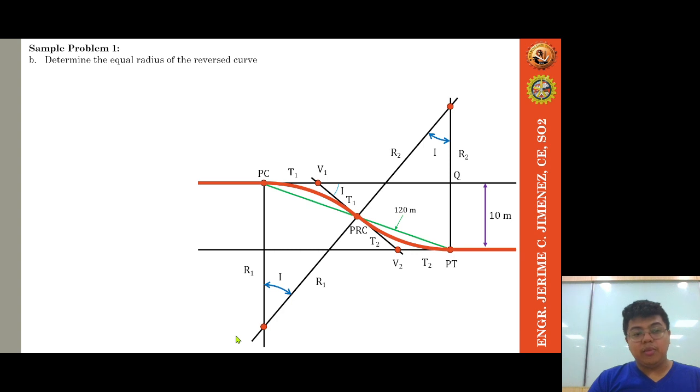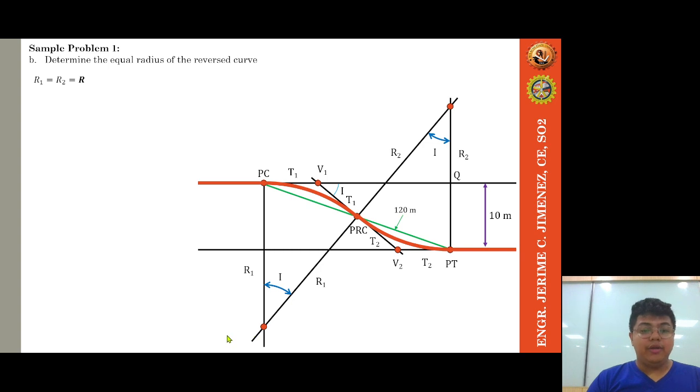we need to determine the equal radius of the reverse curvature. Okay? We know that R sub 1 is equal to R sub 2. Okay? Now, let's call it as just simply R, or the common radius. Okay?